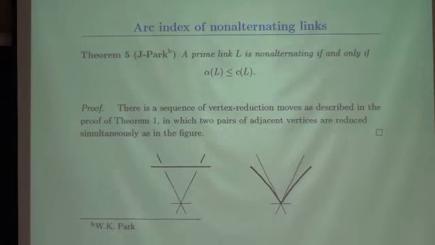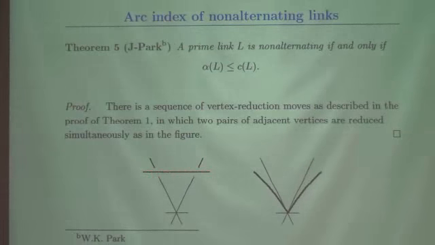Because it's non-alternating, there exists a part where two nearby crossings along an arc are both overcrossing or undercrossing, and when you move this crossing over here and this one over here simultaneously, this triangle disappears. So this move reduces the number of regions by 1, reducing the number of leaves at the end. And then you can do this at least twice.